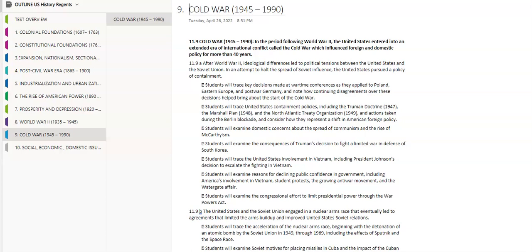Initially, the Soviet Union and China were closer allies. That closeness eventually breaks up, and so it's really China and its sphere of influence, like at the time North Korea, to some degree North Vietnam, the Soviet Union and its sphere of influence in Eastern Europe, and the United States and our sphere of influence with the democracies of Western Europe.